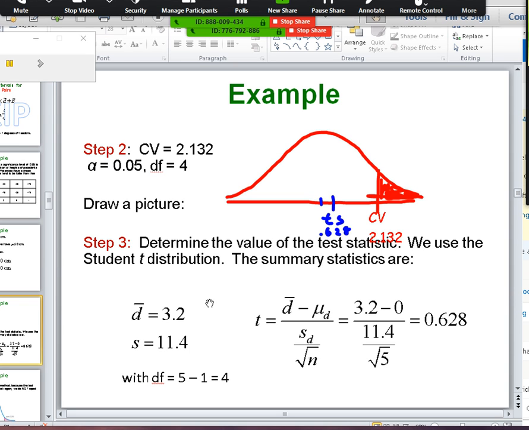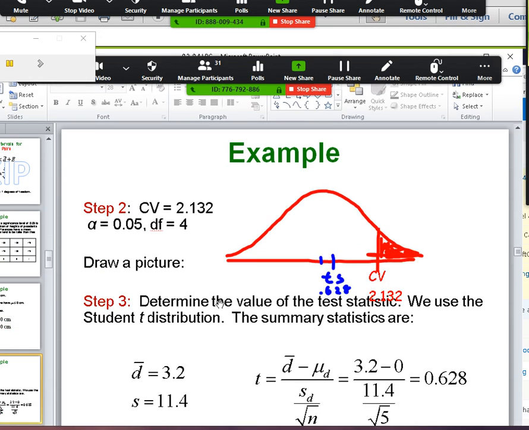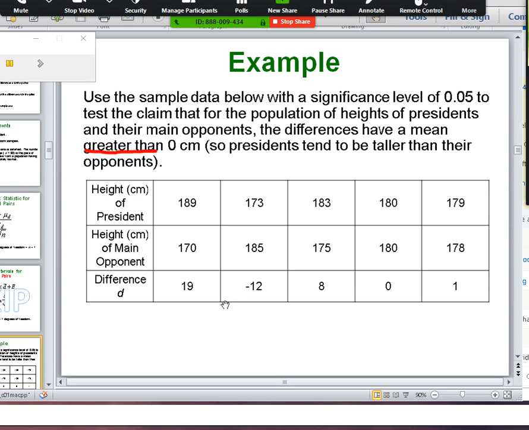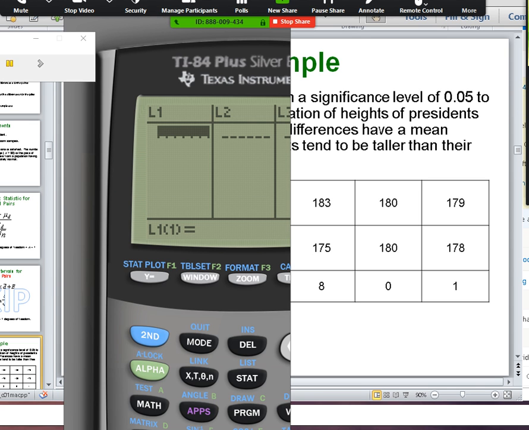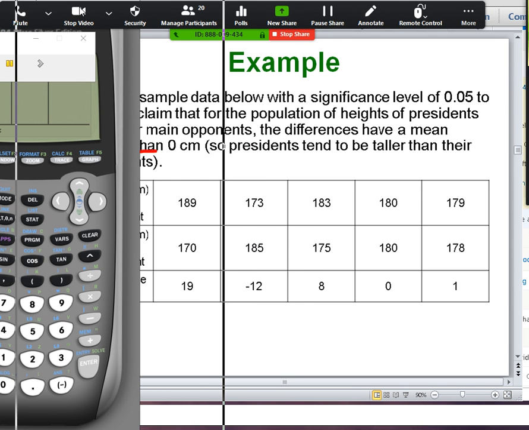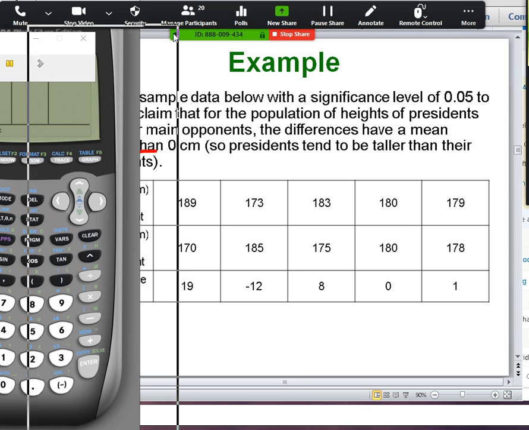And then step 3. So we've got to figure out what our mean is. You're going to get this one and probably one other one where you need to find your mean and standard deviation on your own.